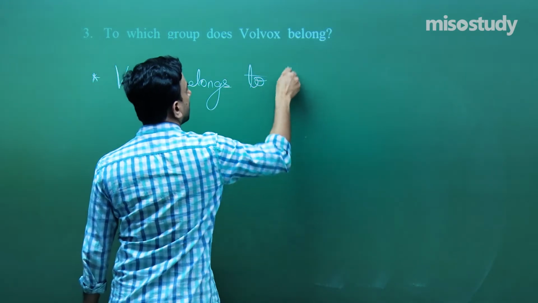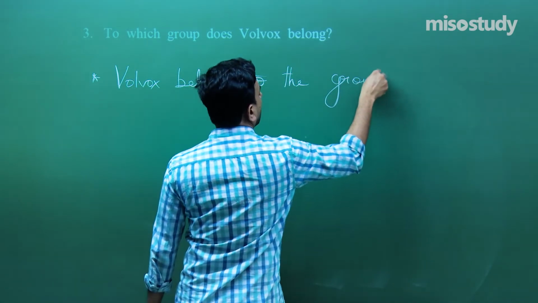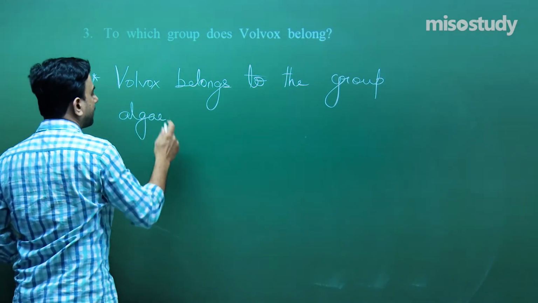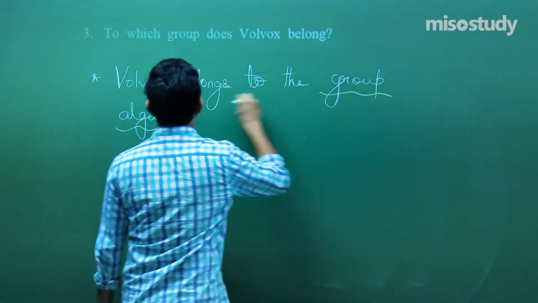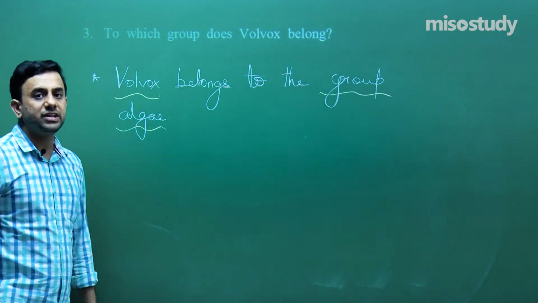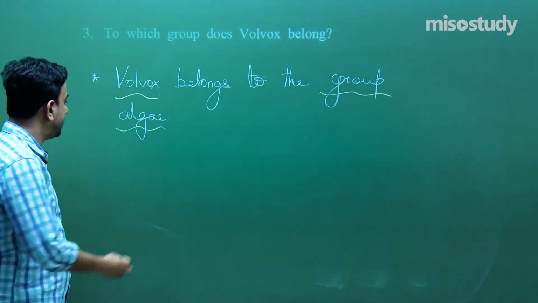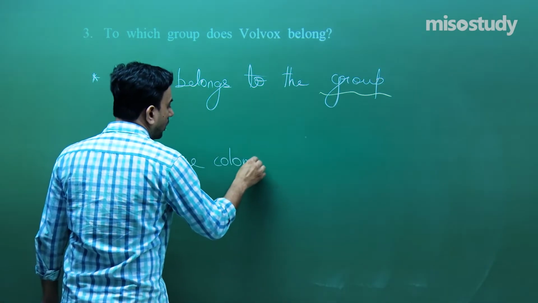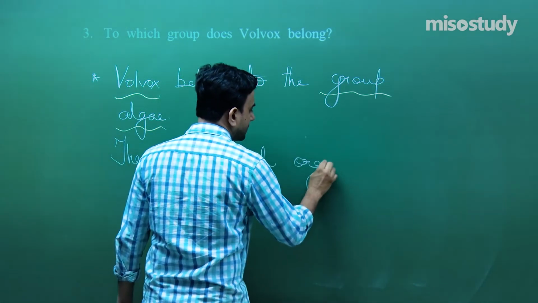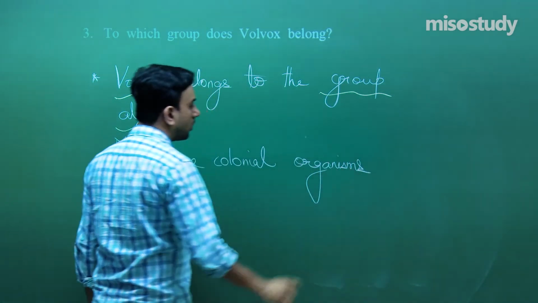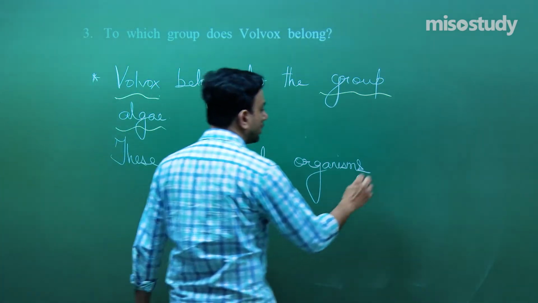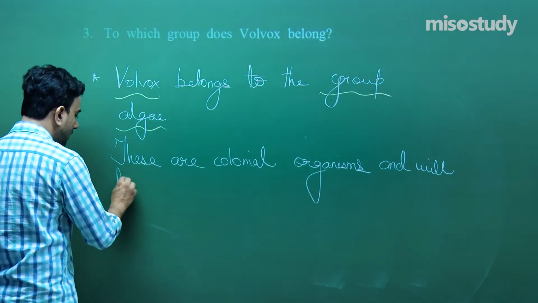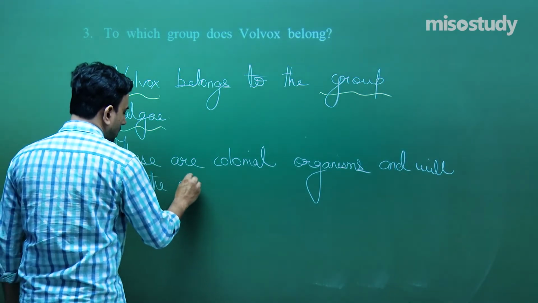Volvox belongs to the group algae. We will see that these are colonial organisms, and they form colonies.